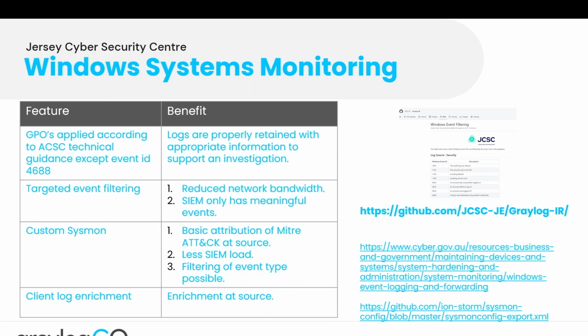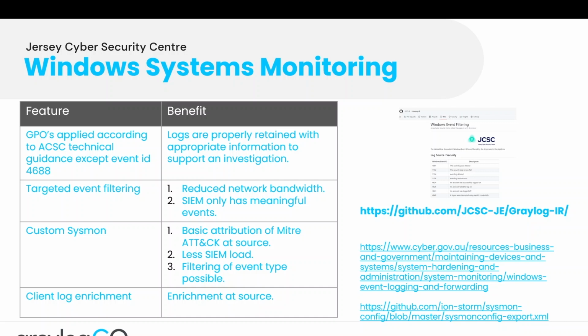So what we do is we use a Sysmon configuration to do that particular process creation, registry keys, all of those sort of things. We also do some targeted event filtering. This reduces network bandwidth and ensures that our SIEM only has meaningful events.